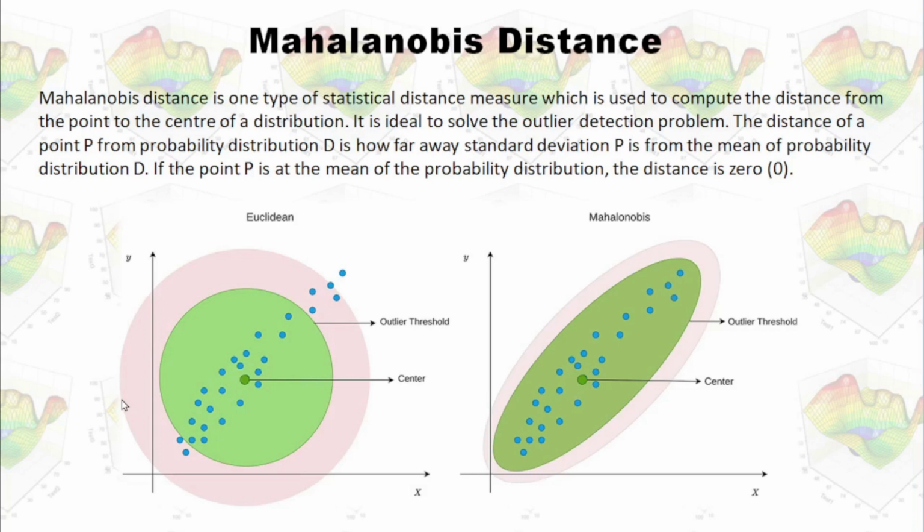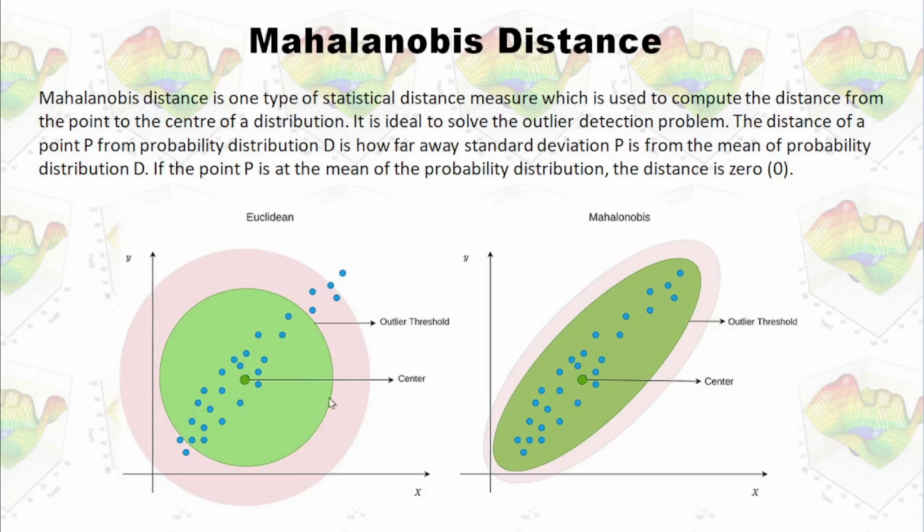Now let's talk about Mahalanobis distance. Instead of considering distance between 2 points, Mahalanobis distance is one type of statistical distance measure which is used to compute the distance from a point to the center of a distribution.